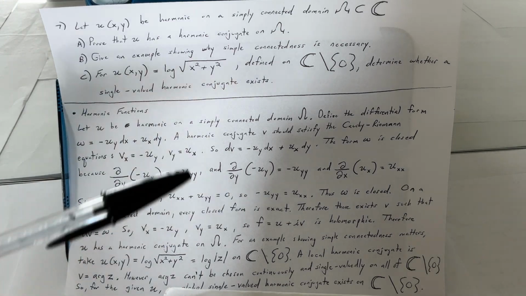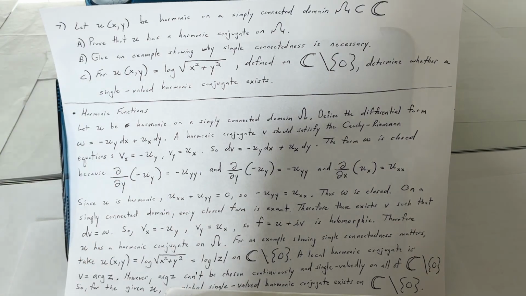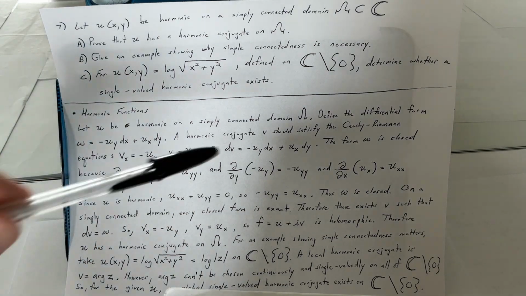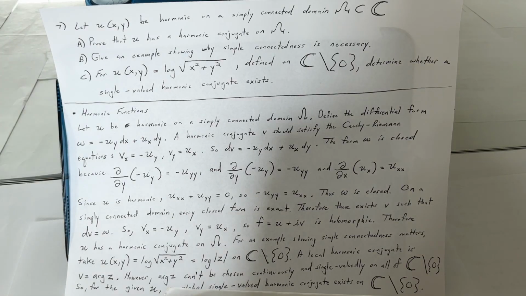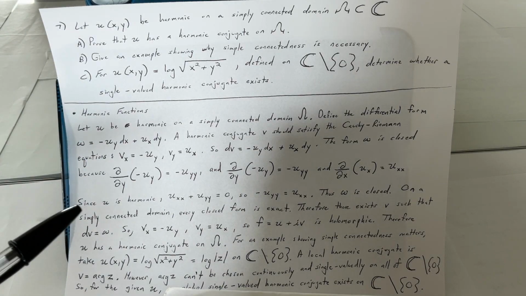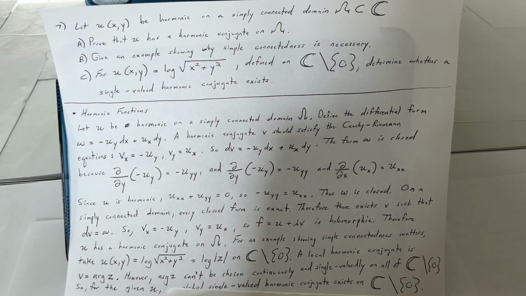And the partial with respect to x of u_x equals u_xx. Since u is harmonic, u_xx plus u_yy equals 0, so negative u_yy equals u_xx. Thus we can conclude that ω is closed.